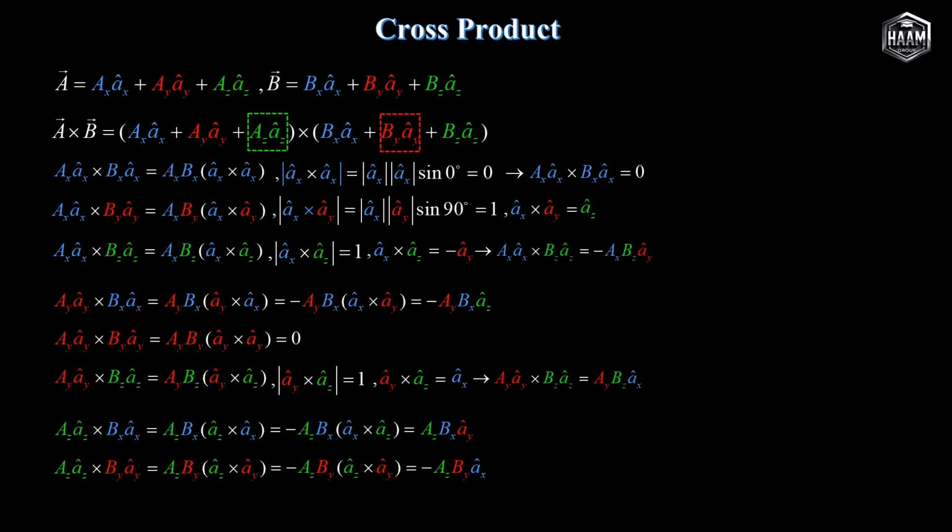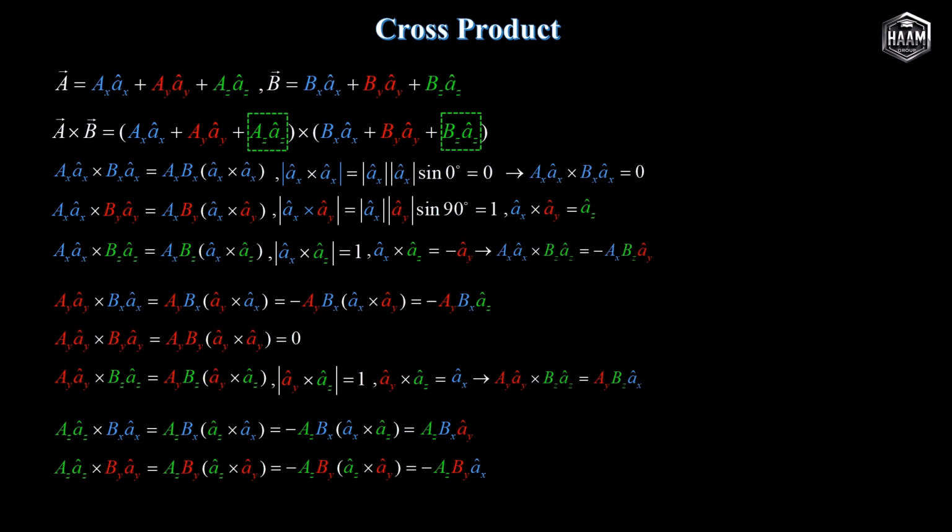Since a hat sub y cross a hat sub z equals a hat sub x, reversing the vector order yields a hat sub z cross a hat sub y equals negative a hat sub x. Thus, this term evaluates to minus a sub z b sub y a hat sub x.